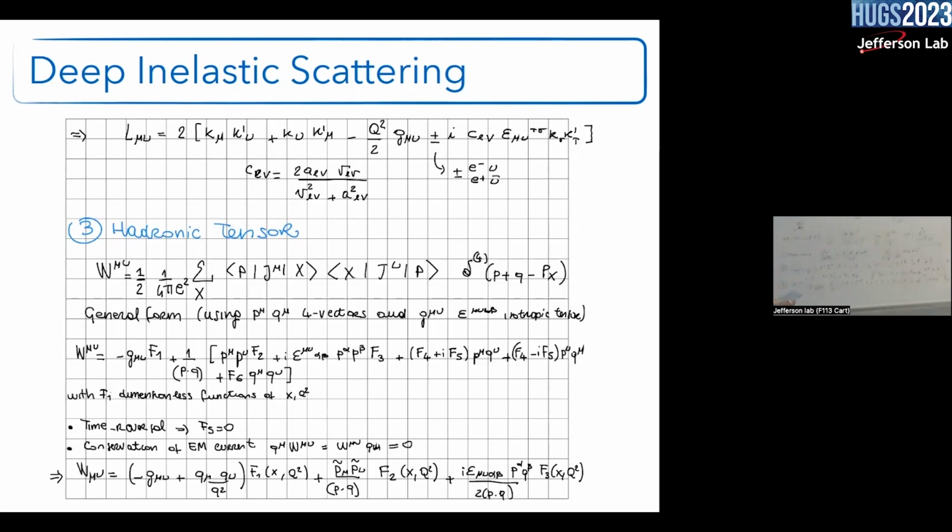Very good. So this is the general structure, but then you have to think, how can I write something I don't know? So you parameterize by adding all possible 4-vectors that are Lorentz invariant, okay? So you only have 3 things here. You have Q, you have P, what's the third? No, that's it. You only have P and Q, okay?